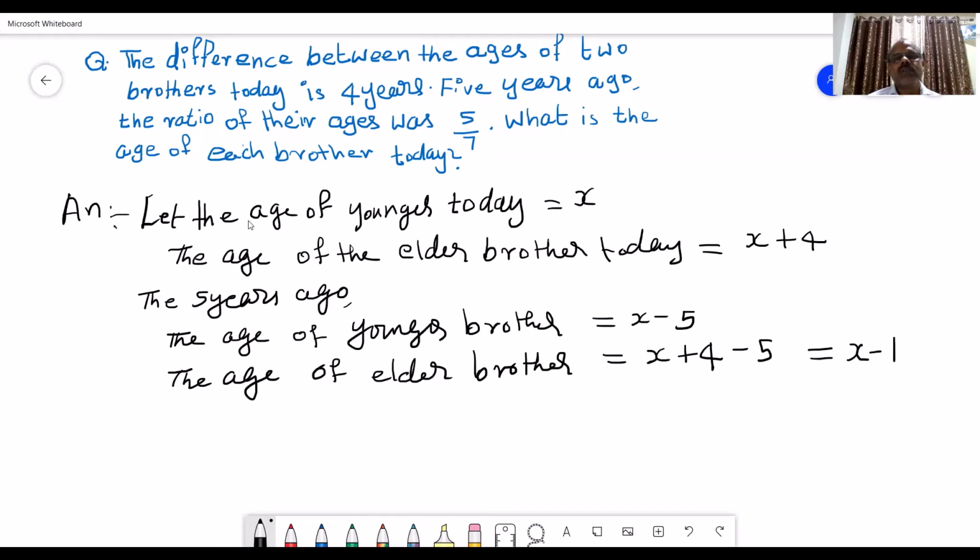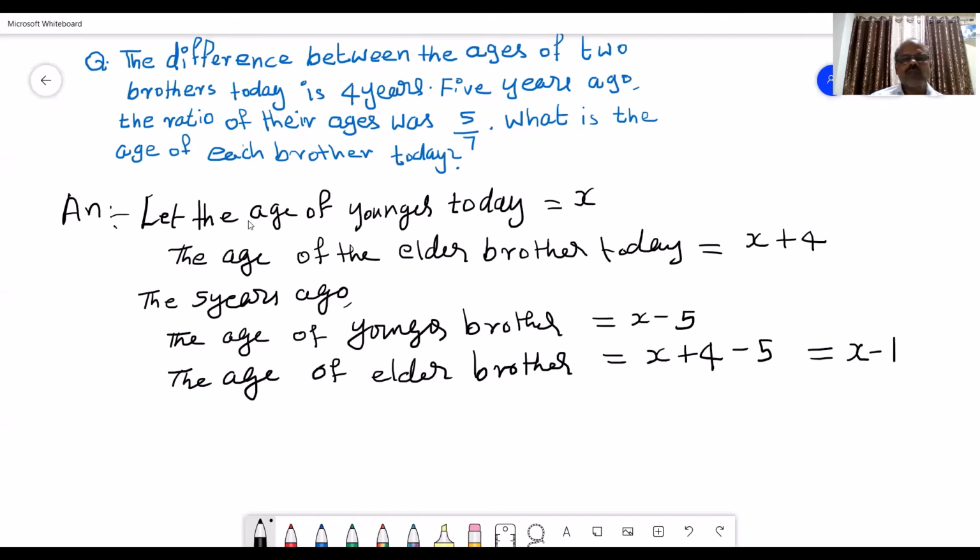It means the numerator represents the one having less age, the younger brother, and the denominator represents the age of the elder brother. So let us take the ratio accordingly.